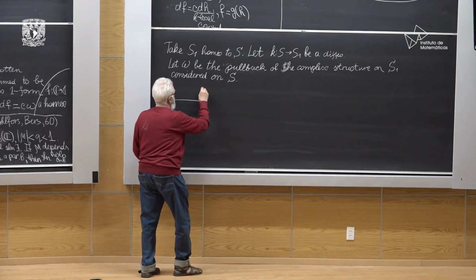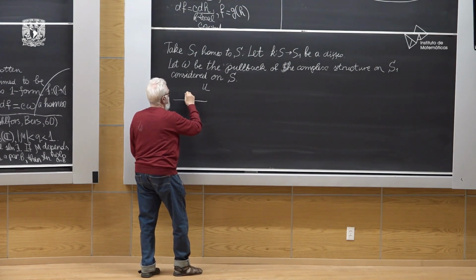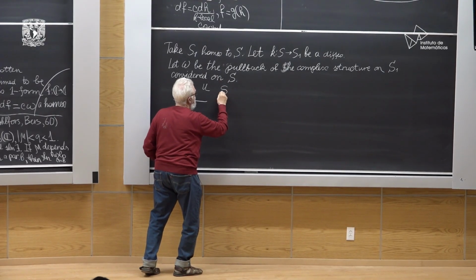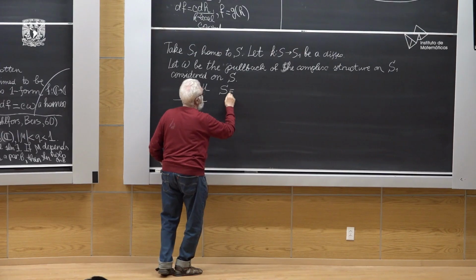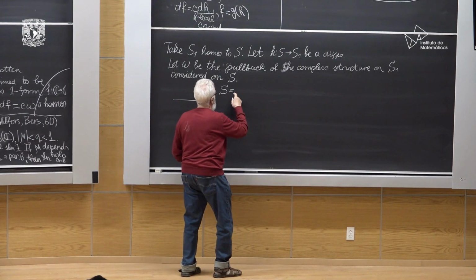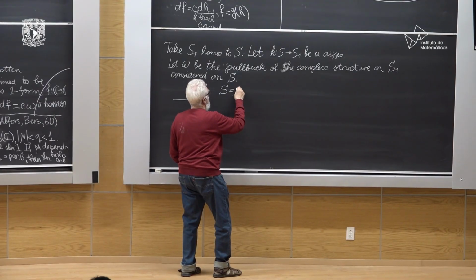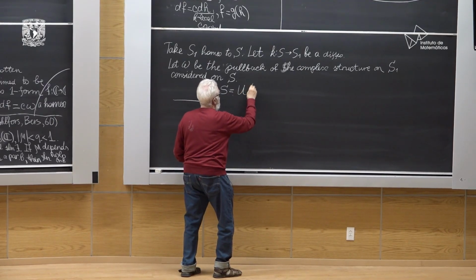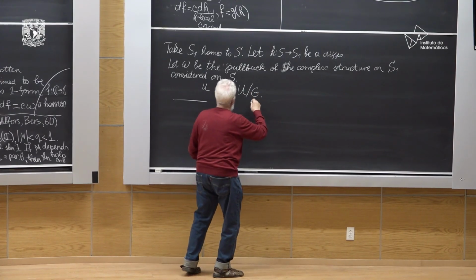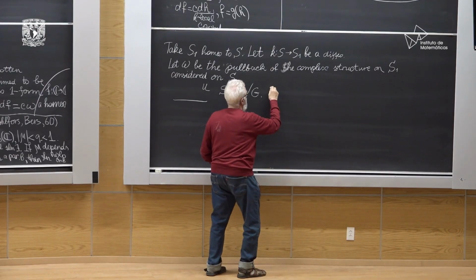So you have S equals U over G, and you have a Beltrami coefficient.